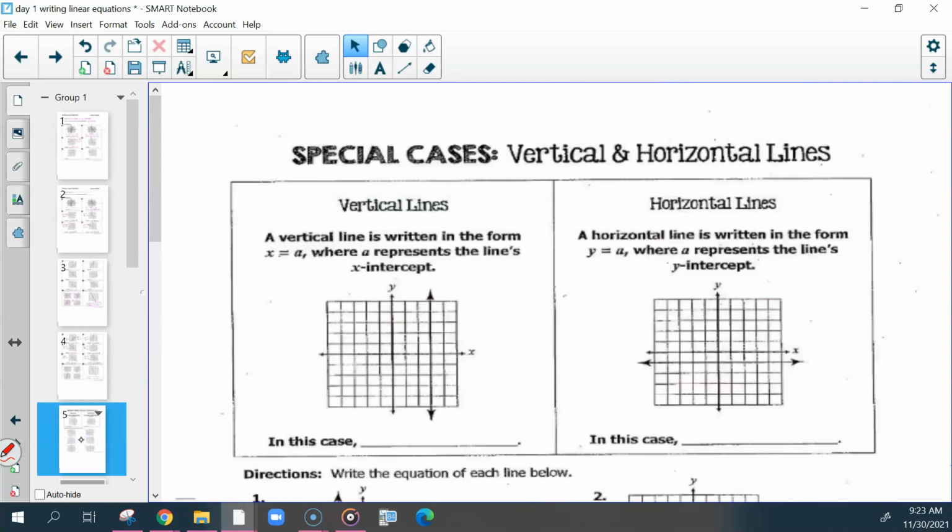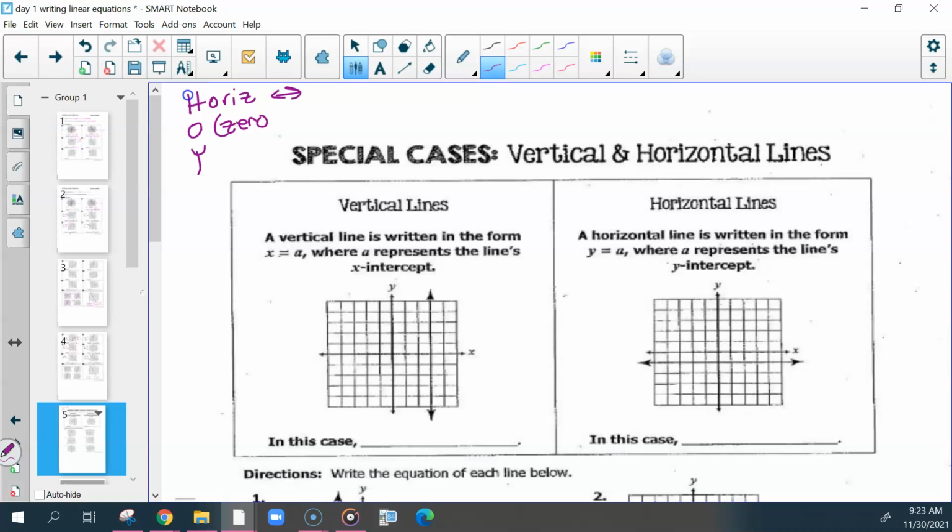This next part is still doing that, but from our horizontal and vertical lines, so we need to remember our 4 buckets.